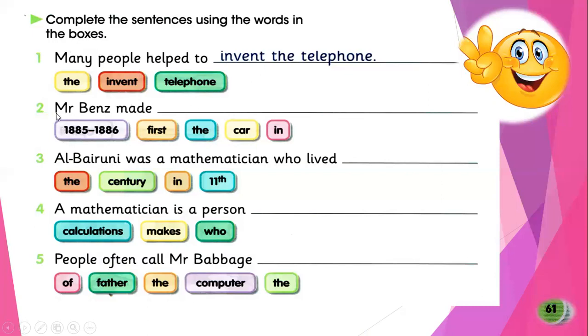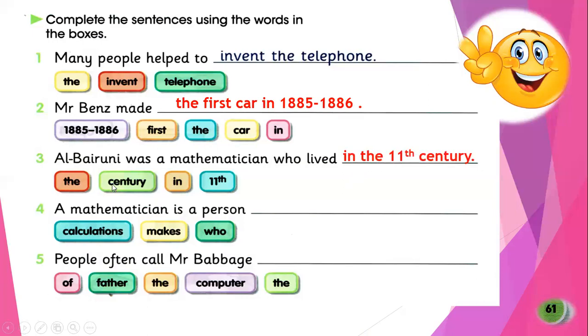Now, number two, Mr. Benz made the first car in 1885 to 1886. Again, just rearrange the words in the boxes to complete the sentence. Number three, Al-Biruni was a mathematician who lived in the 11th century.